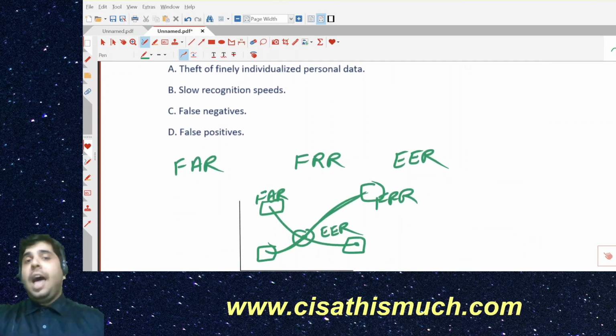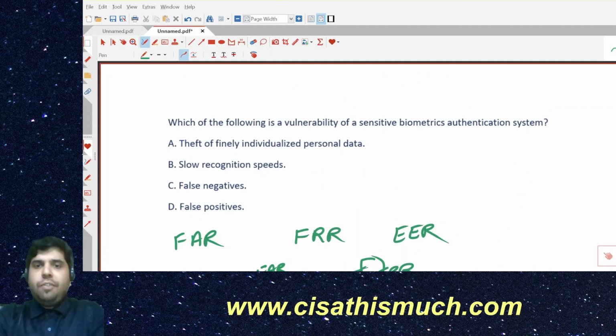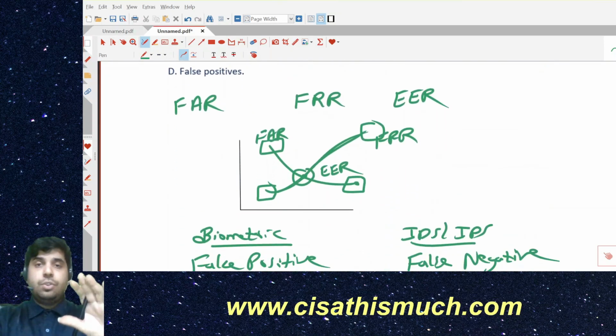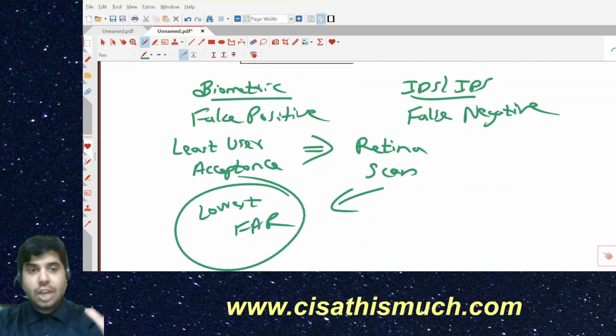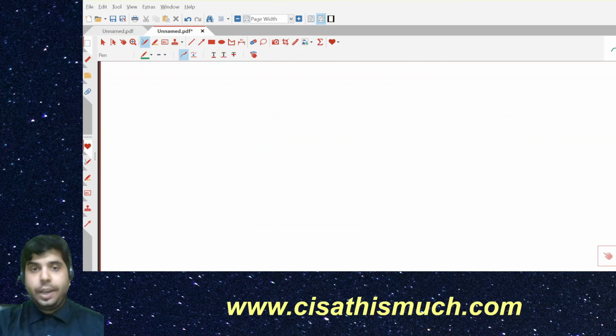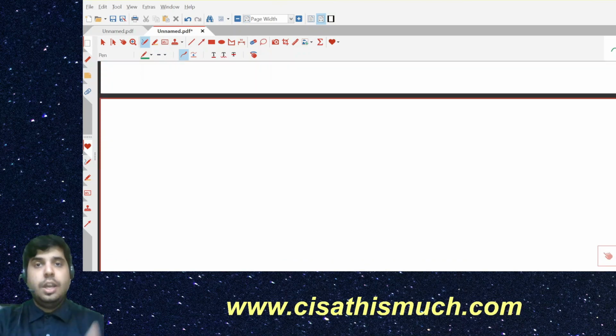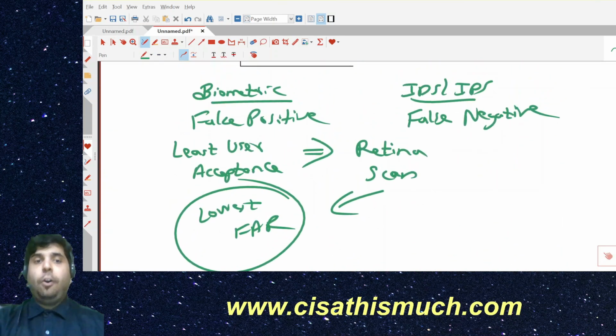If this kind of question comes in the exam, you will remember the chart I have already discussed. You will think, the question is on biometric, and they have given the option of false positive.